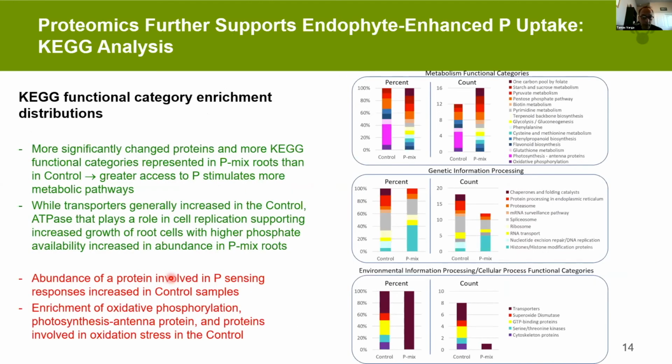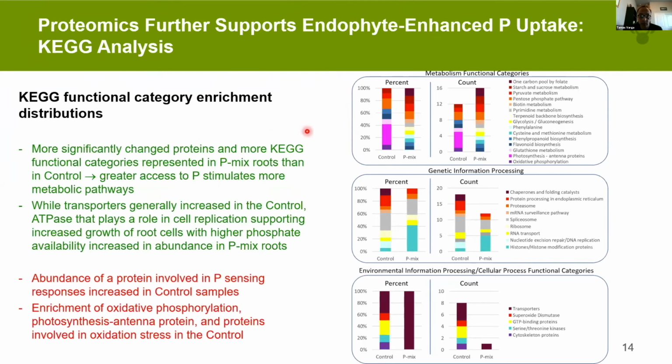So after that, we also tried to look for further evidence of endophytic phosphorus solubilization using proteomics at EMSL. And this slide shows the KEGG functional category enrichment distribution.